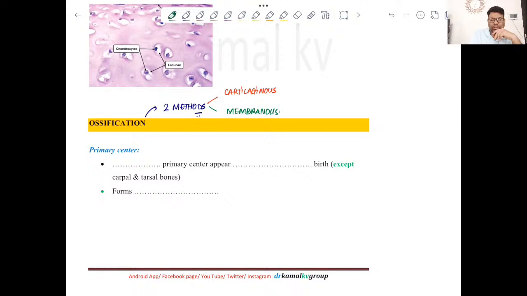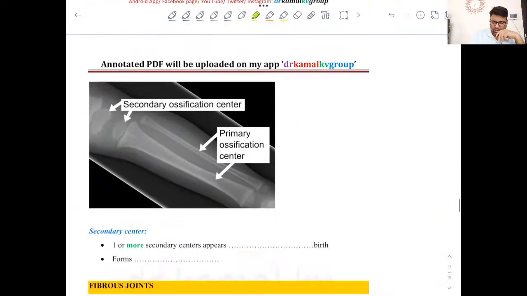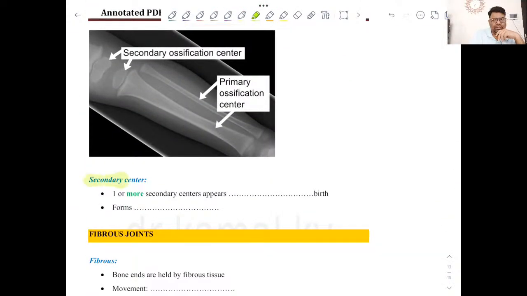Now we will discuss the centers of ossification, right? And here we have two terms. One is the primary center and another one is the secondary center.